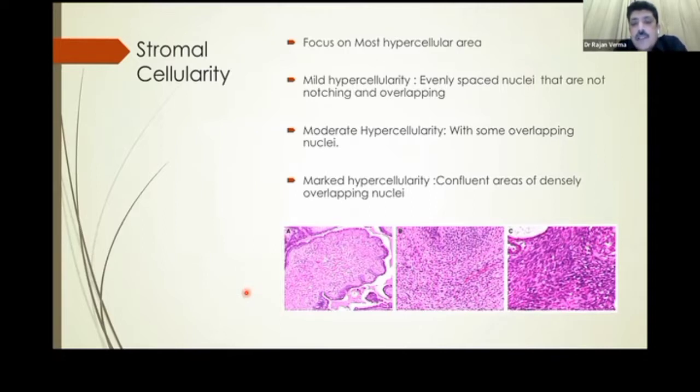So let's discuss what stromal cellularity is. Stromal cellularity is basically the cellularity of spindle cells inside the tumor. And how do we assess what is mild, moderate, and marked? What I believe and what I do is we focus on the most hypercellular areas. In mild hypercellularity, we see evenly spaced nuclei that are not notching or overlapping. If you come to moderate hypercellularity, there is some overlapping of nuclei.